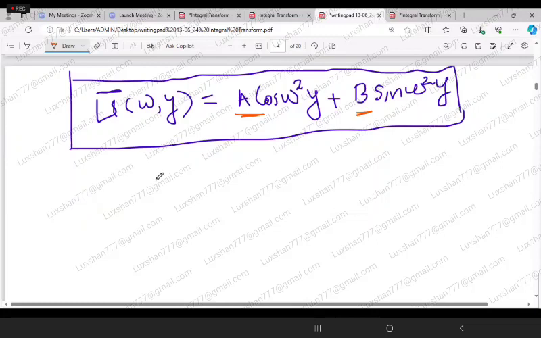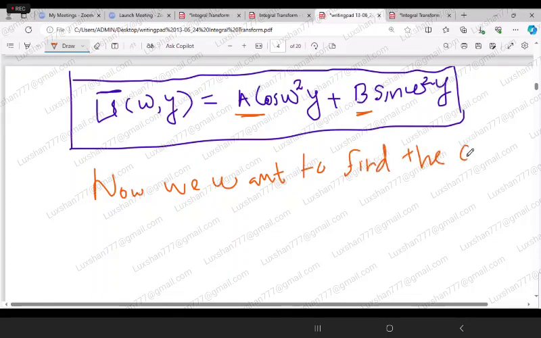This is the procedure I'm telling you. Now we want to find the constants a and b. I'm explaining slowly; the second one, third one, I will move a little faster.